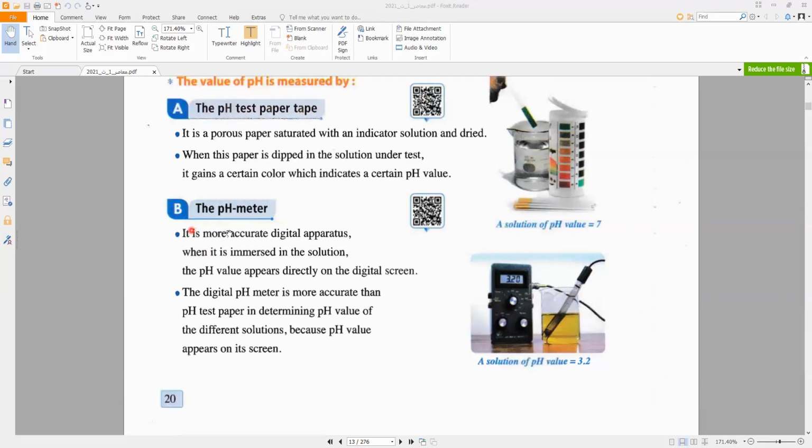But by using the pH meter, a more accurate digital apparatus, immersed in the solution like this, it gives an accurate reading. The digital pH meter is more accurate than pH paper in determining the pH value of different solutions, and so on.